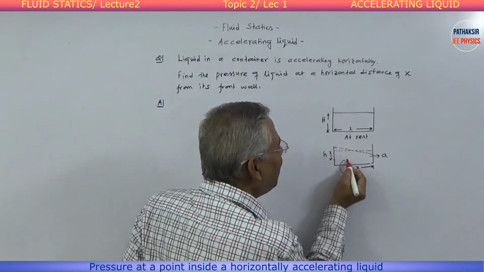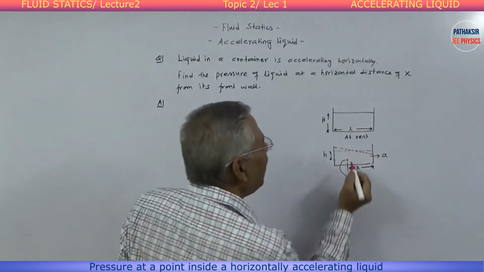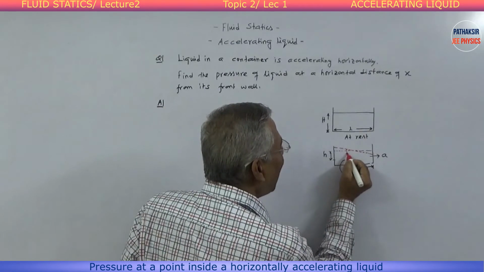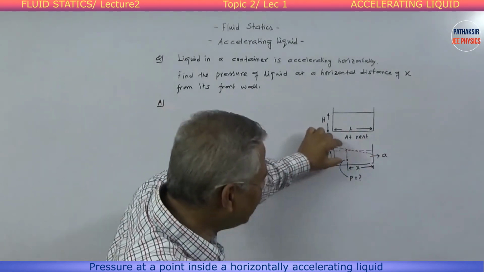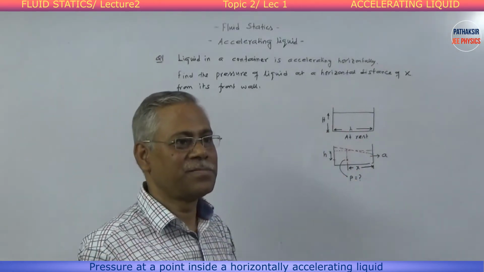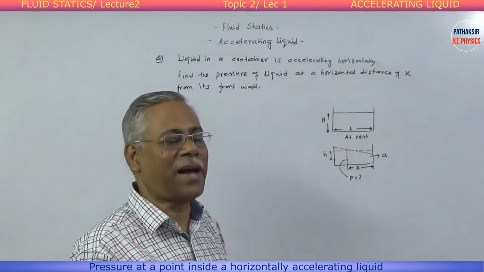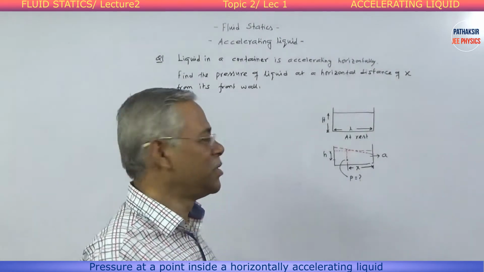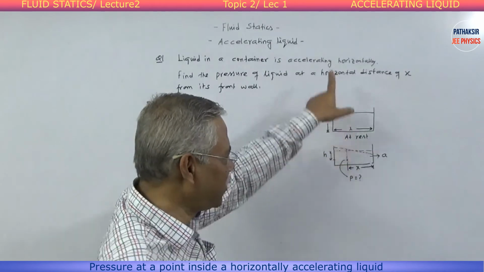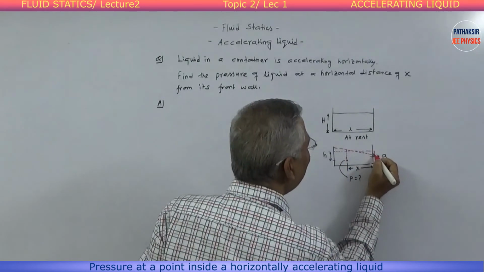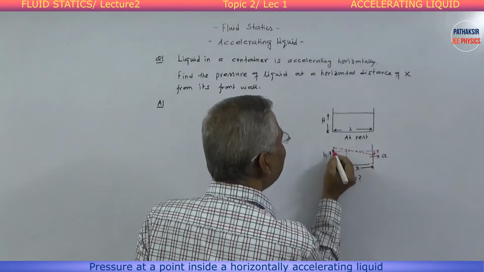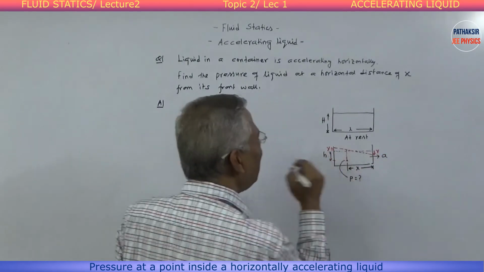In order to find the pressure at this point, you will have to know the height of the liquid column above this. So you have to calculate this height. Then that height into rho into g. If this goes down by say y, then this will go up by y, by symmetry.